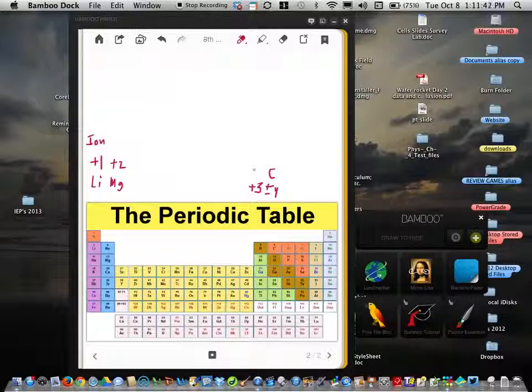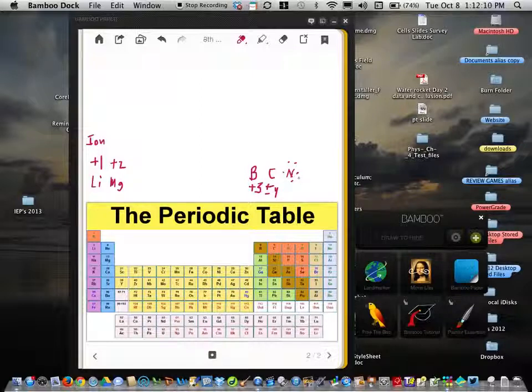I can't read that. What is this element here on your periodic table? Boron. Nitrogen, listen, nitrogen has 5 electrons in the outer level, right? So it's easier to get 3 than it is to give away all these 5.